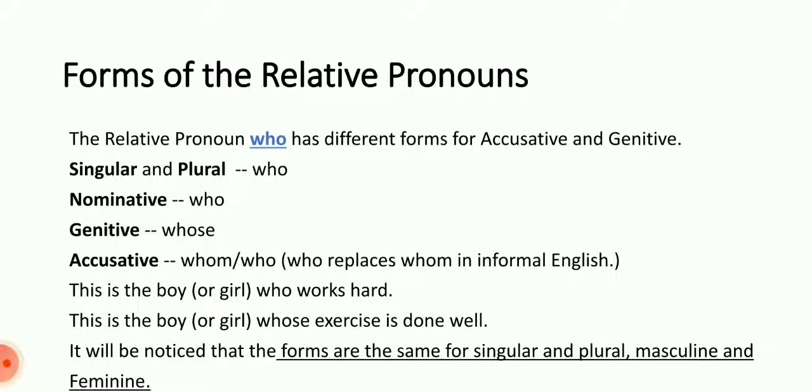So here it will be noticed that the forms are the same for singular and plural, masculine and feminine.